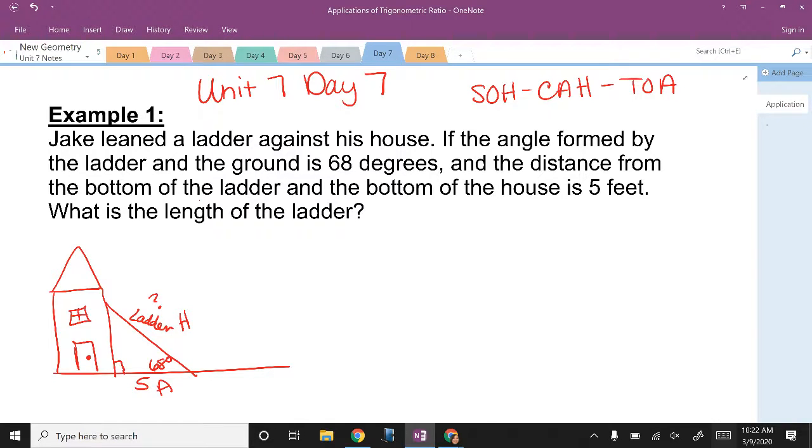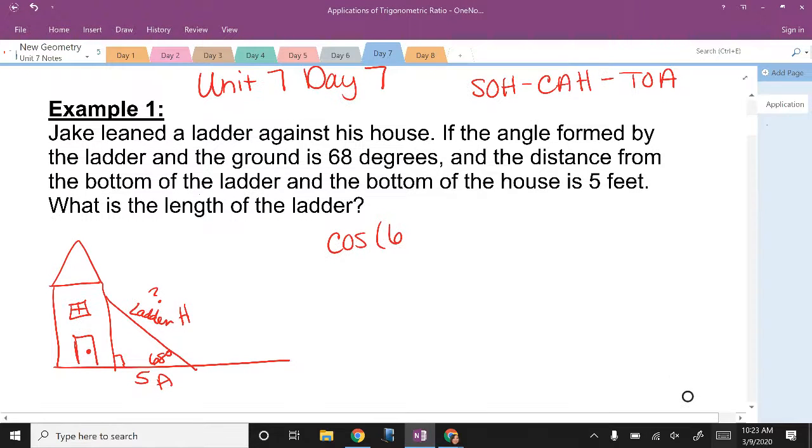Cosine. So we're going to say cosine of what's our degree? 68. Y'all, this is on my everlasting nerve. It's not letting me write. Sorry, y'all.